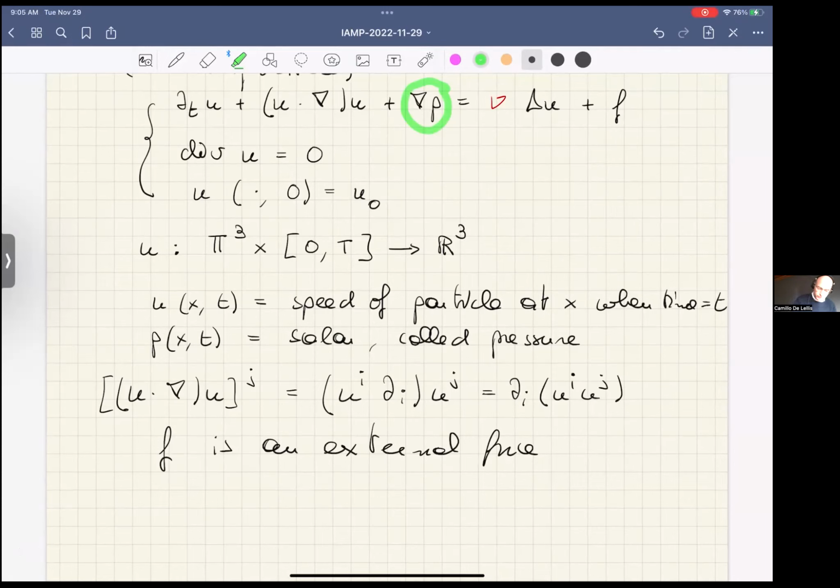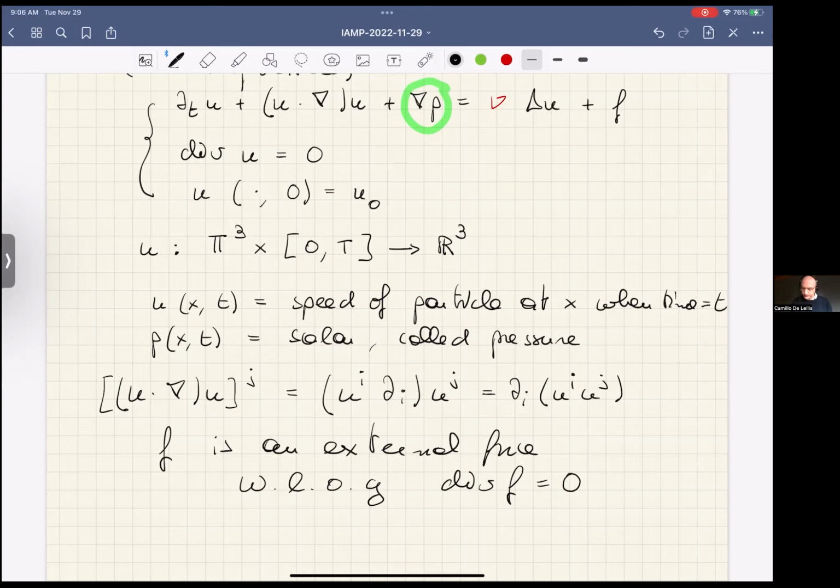So I'm going to assume it's divergence-free, but I'm not going to concern myself too much with this assumption. During the talk I will mostly ignore it, but in all the examples that we're going to look at, F is divergence-free.